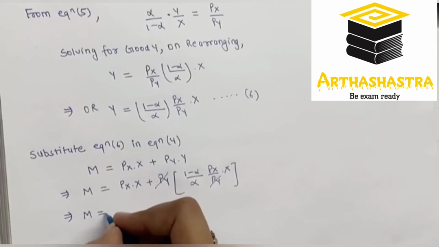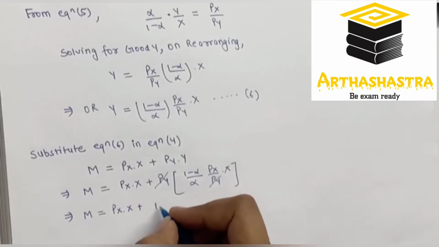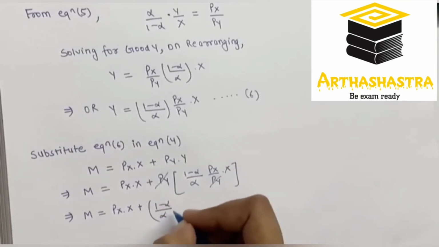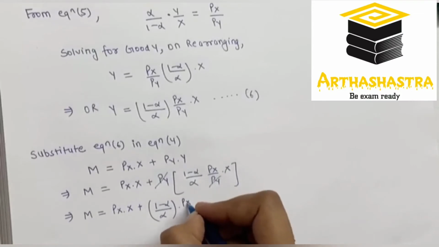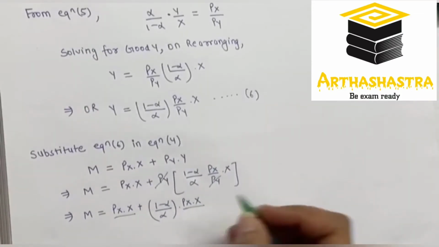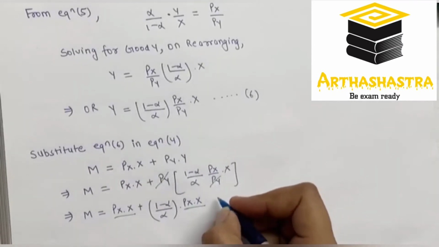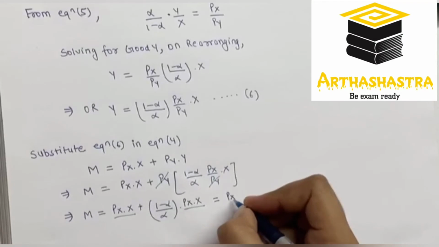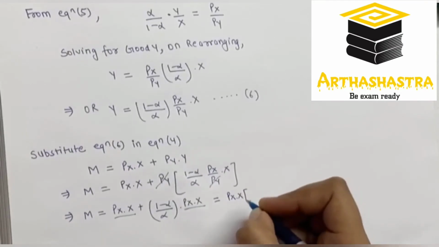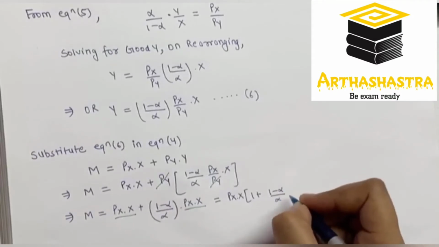We are left with m equals px times x plus 1 minus alpha over alpha px x. Now you can see these two terms are the same, so we can take them out as a common term. So it becomes px times x into 1 plus 1 minus alpha over alpha.